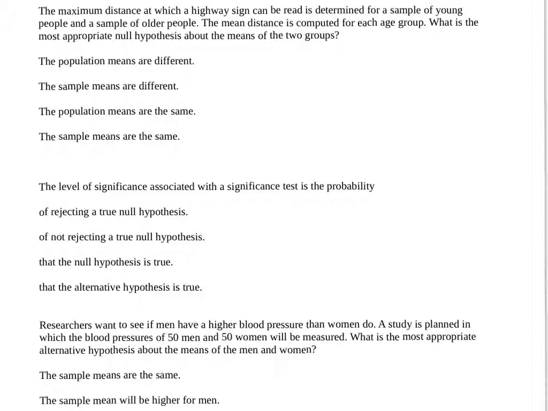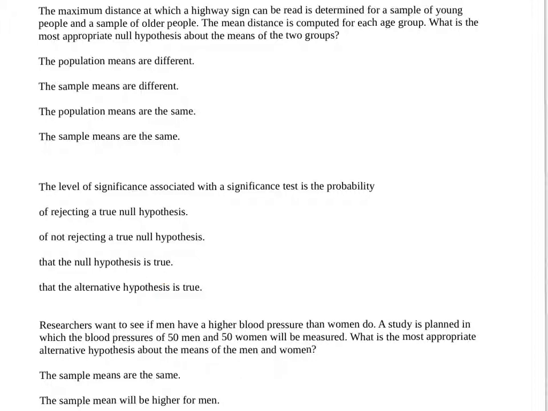Let's just read the answer options. We can talk about what's going on there. So the level of significance associated with a significance test is the probability of rejecting a true null hypothesis, of not rejecting a true null hypothesis, that the null hypothesis is true, that the alternative hypothesis is true.